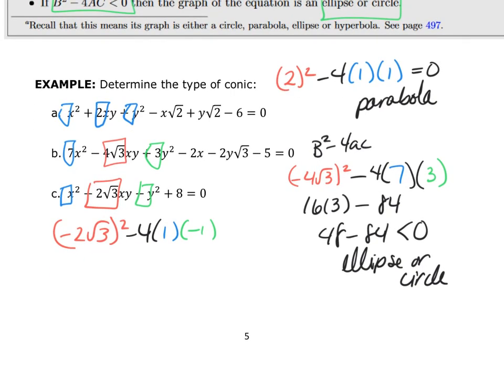Without doing any work, I know this is going to be greater than 0. How do I know? Because this negative here turns this into an addition, and this will be positive, so I know without any work whatsoever this thing is greater than 0. So what kind is this? Hyperbola.